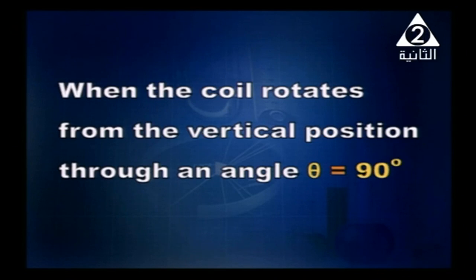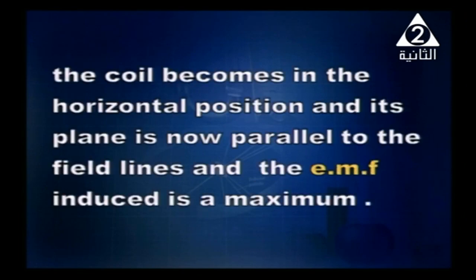So when the coil rotates from the vertical position through an angle 90, the coil becomes horizontal, and its plane is now parallel to the field, and the EMF induced is maximum. Why? Because the sides will be moved perpendicular to the field. We'll obtain maximum cutting.